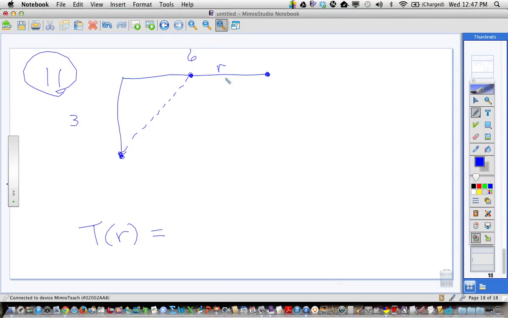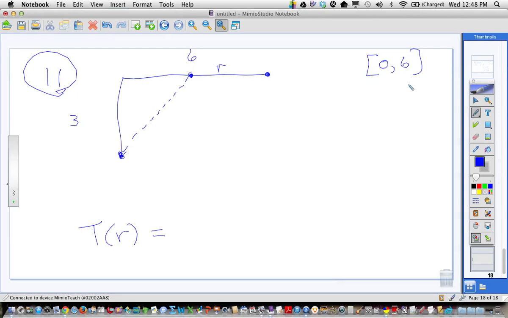Now, did it ask you about domain in there? Not on this one. But that would be your domain, right? Domain is the inputs, and in this problem, R is going to be our inputs. So what's the littlest R could be? Well, that'd be if he didn't walk on the road at all. And what's the biggest R could be?